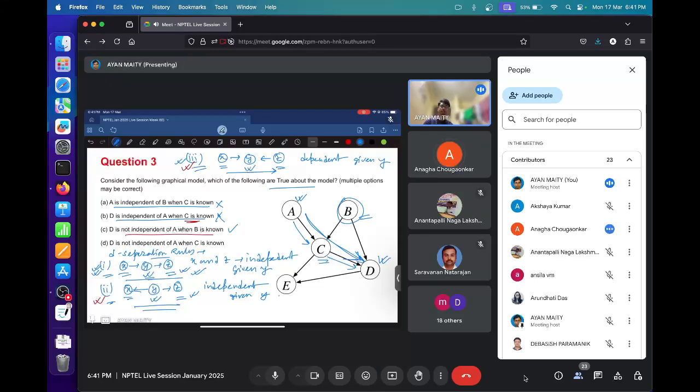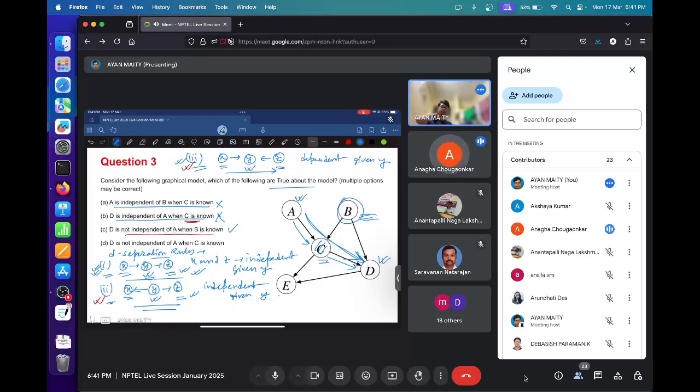In the first rule, if the middle element is given, then they are independent. Here middle element C is not given, only B is given. C cannot block this path. If C was given, it would have blocked this path. So this path, A, C, D, is not blocked.